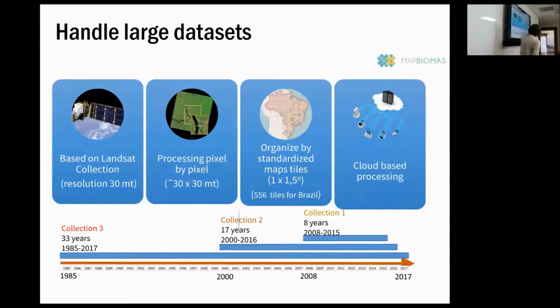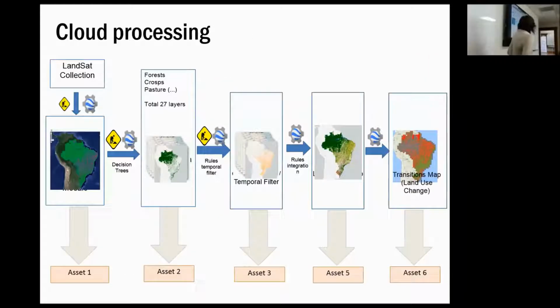Just to go very quickly over MapBiomas, we are in collection 2. We launched in April annual maps of land use and land cover for the entire Brazil from 2000 to 2016. The way we work, a set of institutions are responsible for each one of the biomes in Brazil.